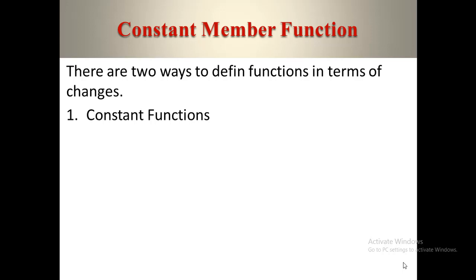Constant functions are those functions who are not allowed to change the object value. While on the other hand, there are non-constant functions. The functions which we have created up till now are all our non-constant function.